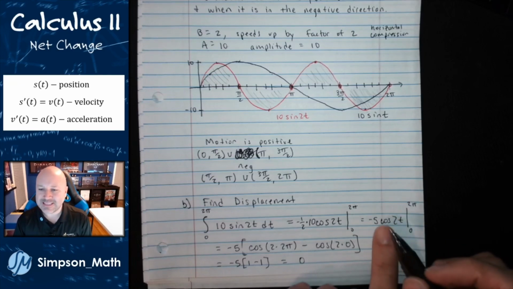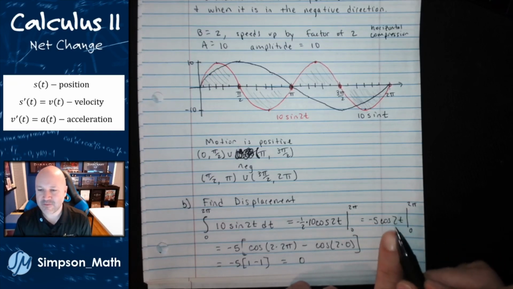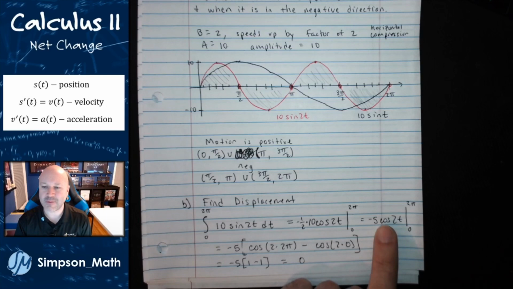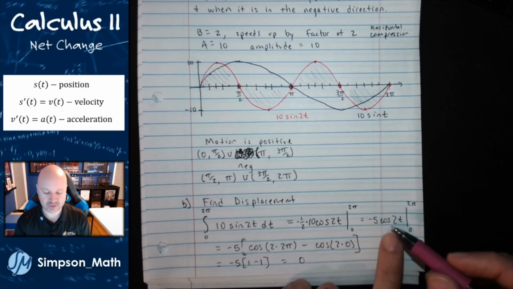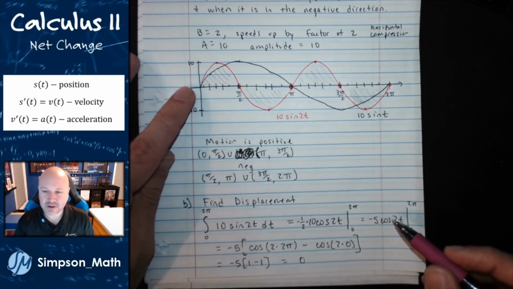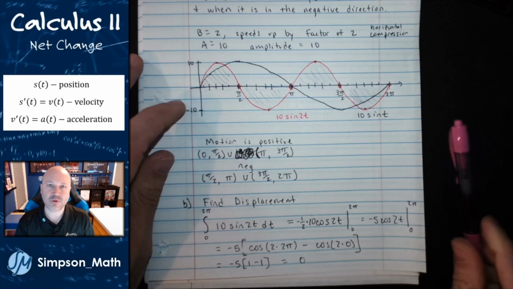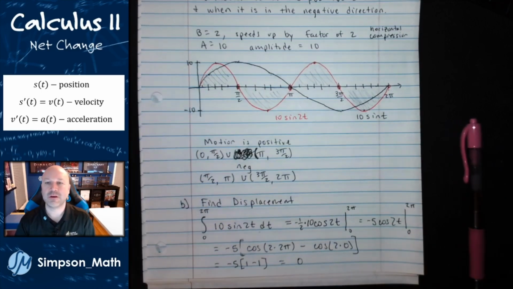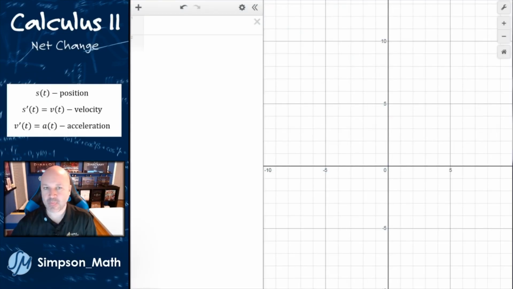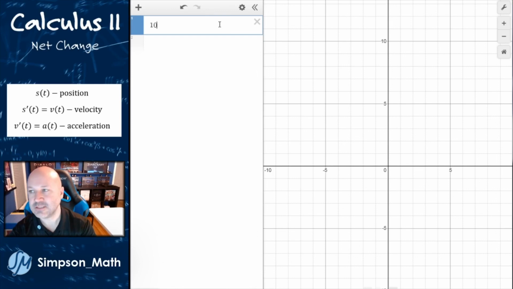Now let's get a picture of negative 5 cosine 2t so we can talk about this position function. I could graph it here. It's got an amplitude of 5 now. It's a cosine going twice as fast, but I think Desmos will help me talk about this. Let me switch over to Desmos. Let me type in our velocity function: 10 times sine of double angle.